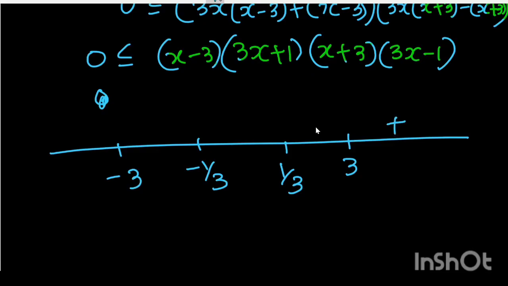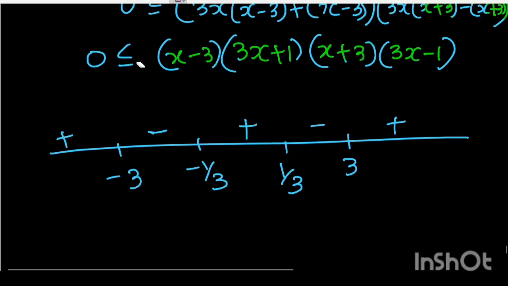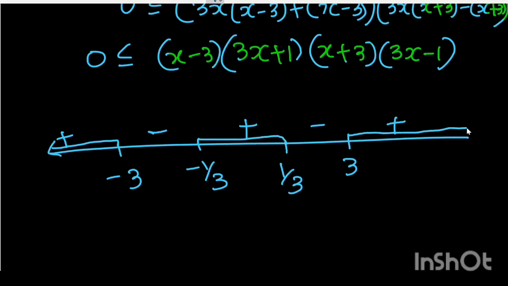All have odd powers, so plus minus moving leftwards, plus minus plus, and the question is asking for greater than equal to 0, means plus we need to take, so plus values here, here, and here. We will take minus infinity to minus 3 as one set.